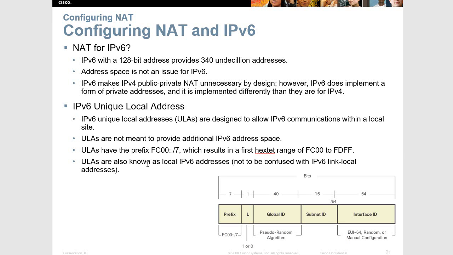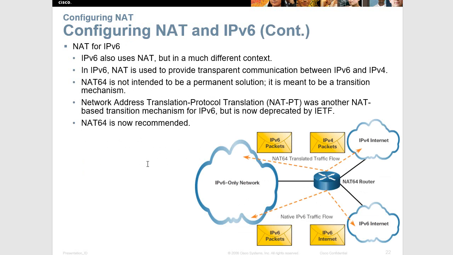It allows you to convert an IPv4 address to IPv6 and vice versa, to allow communication between IPv4 and IPv6 devices. How, we don't need to know, we don't need to configure it yet in this course. So just know that NAT64 exists, and it allows you to communicate between IPv4 and IPv6 addresses, or IPv4 and IPv6 packets.